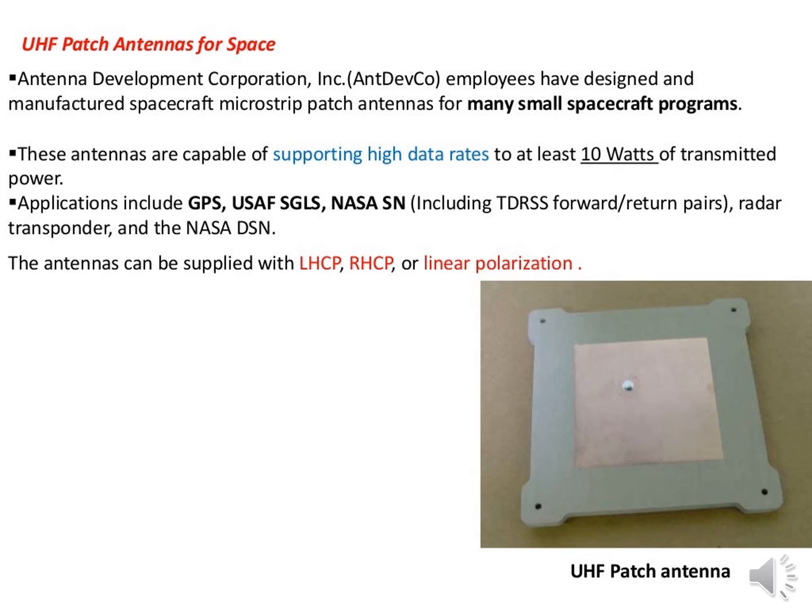They can be used in various applications like GPS, USAF, SGLS, NASA SN, including TDRSS forward and return pairs, as well as radar transponder and NASA DSN. In addition, the antenna can be supplied with LHCP, RHCP or linear polarization.